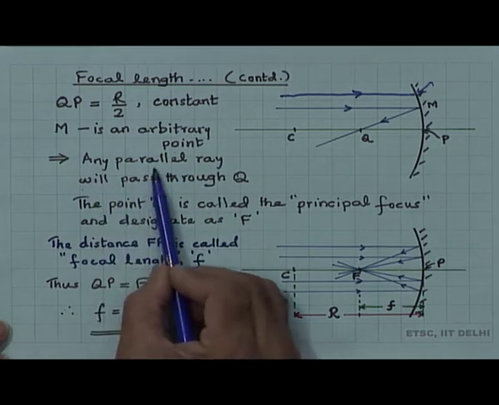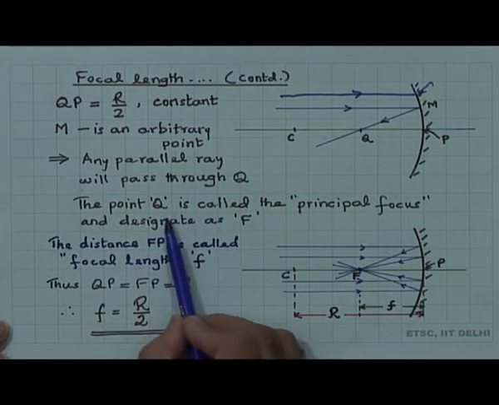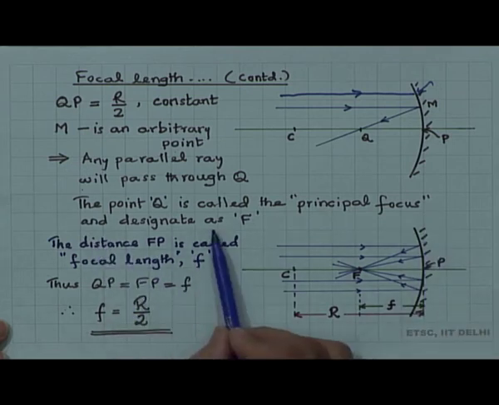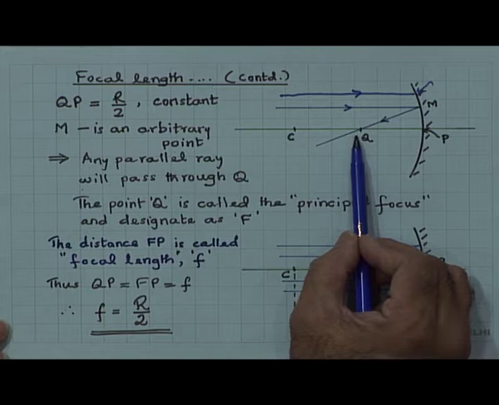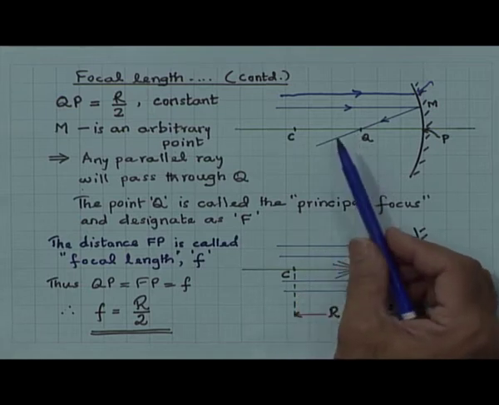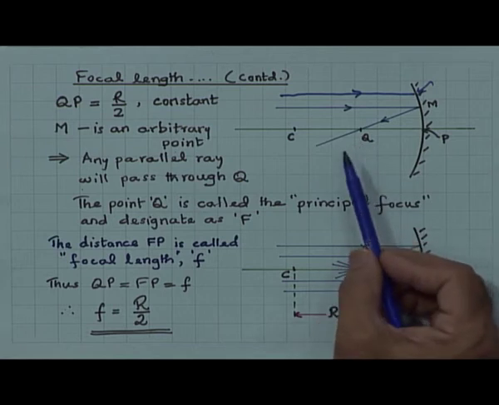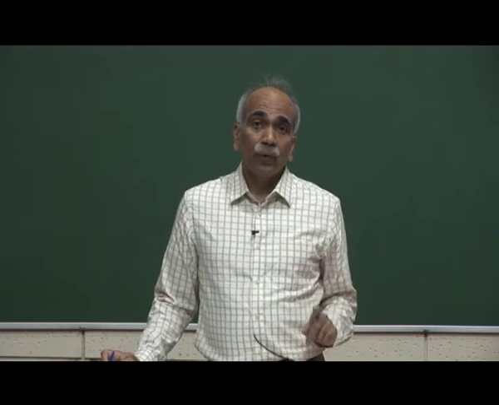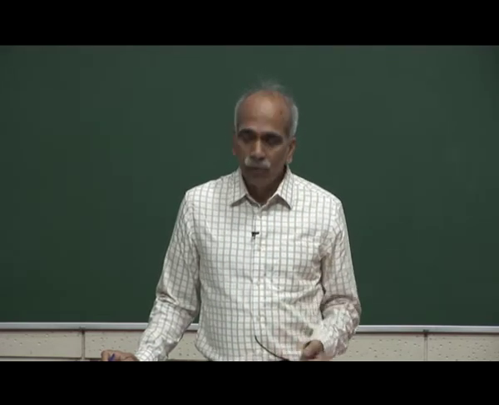It means any parallel ray will pass through Q. The point Q is called the principal focus and designated as F. Initially I had taken a general point Q, but now we have shown that all parallel rays pass through the point Q, and therefore now I am calling it F, which is the principal focus.